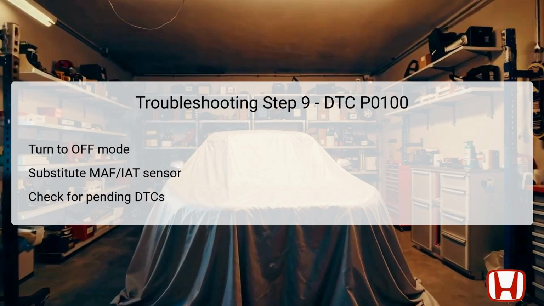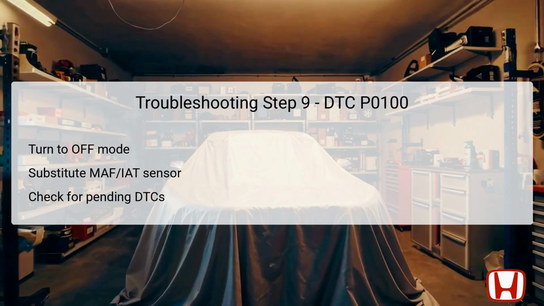The final troubleshooting step involves testing the MAF sensor IAT sensor 1 for any potential failures that could cause a circuit malfunction. First, ensure the vehicle is turned off, and then substitute the original MAF IAT sensor with a known good component.